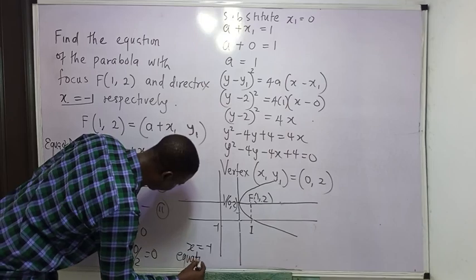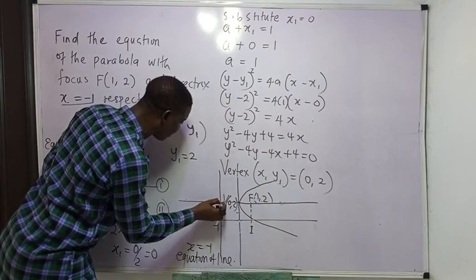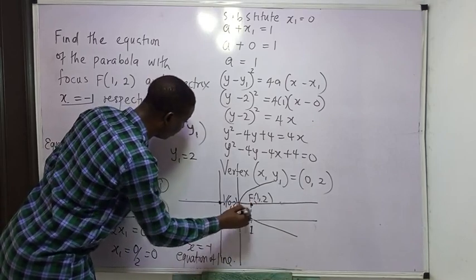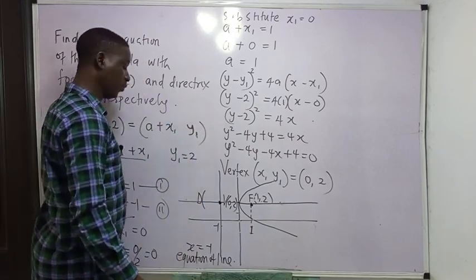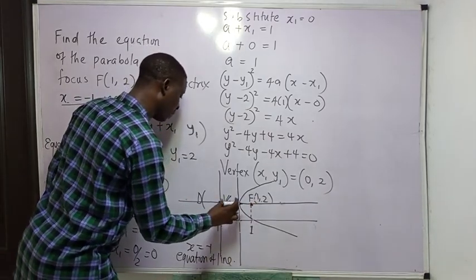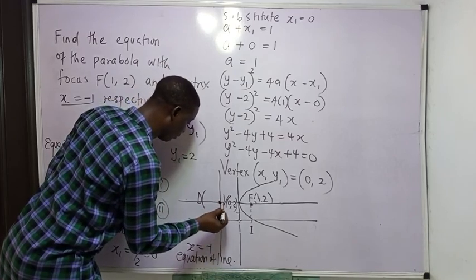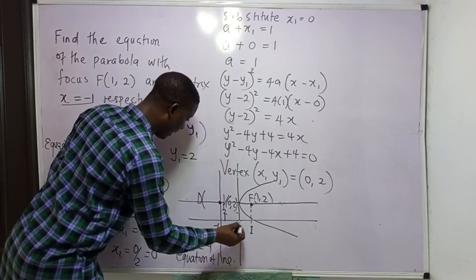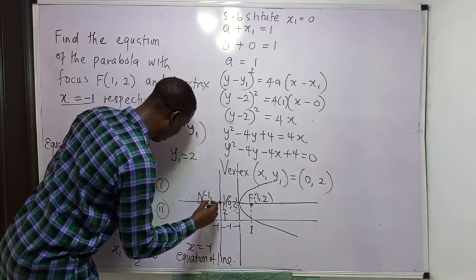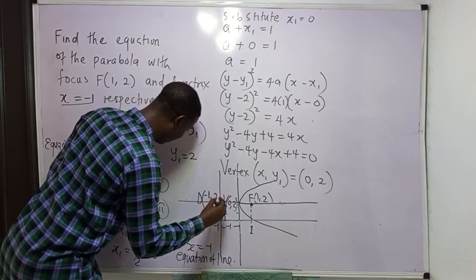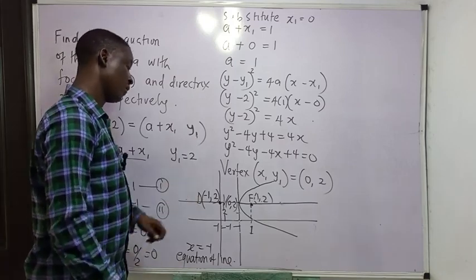This one is the equation of the line. To get the coordinate, it will be directly opposite the focus. The coordinate of the directrix will be directly opposite. So from here to here is 1, and from here to here is -1. Don't forget, the y component is 2. So the coordinate becomes -1, 2. So the directrix has a coordinate of -1, 2.